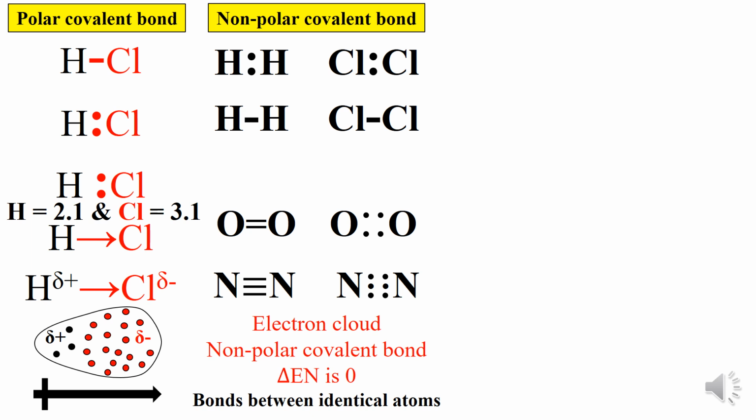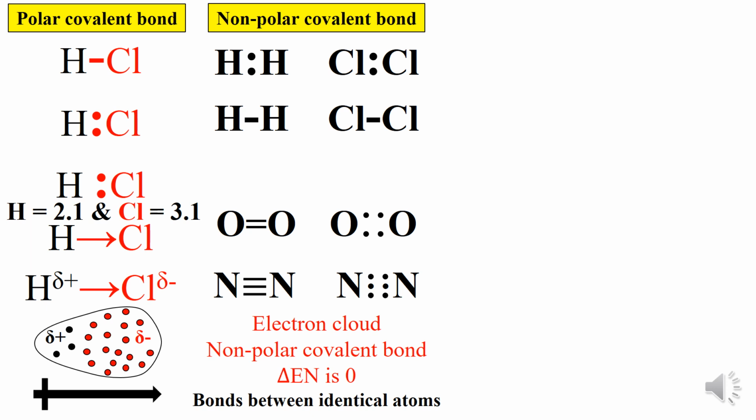So you find equal sharing of one pair of electrons between two hydrogen atoms in case of hydrogen molecule, and between two chlorine atoms in case of chlorine molecule. And in case of oxygen molecule, you will find equal sharing of two pairs of electrons between two oxygen atoms involved in bond formation. And in case of nitrogen molecule, you will find equal sharing of three pairs of electrons between two nitrogen atoms.